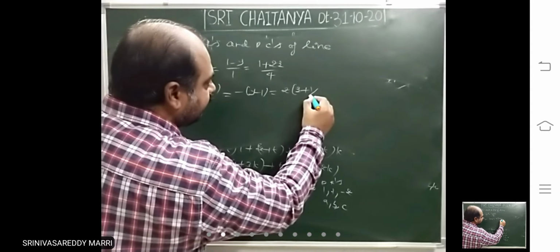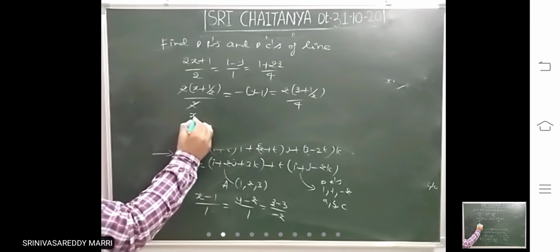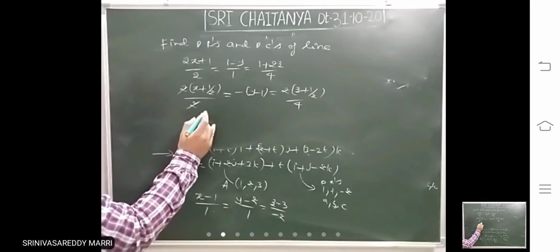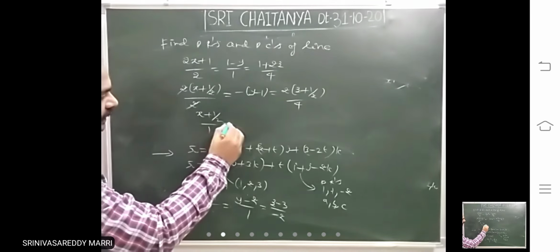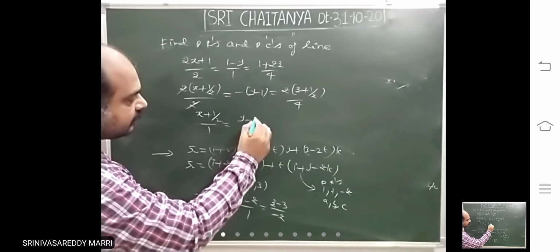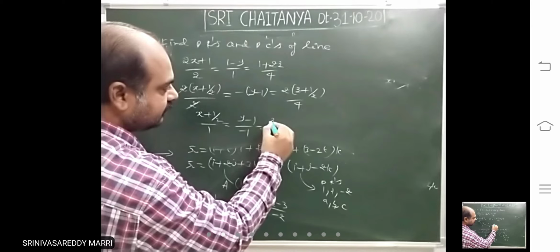Always make the coefficient 1. So you write (x plus 1/2) divided by 1. Whatever constant is there, write it in the denominator.